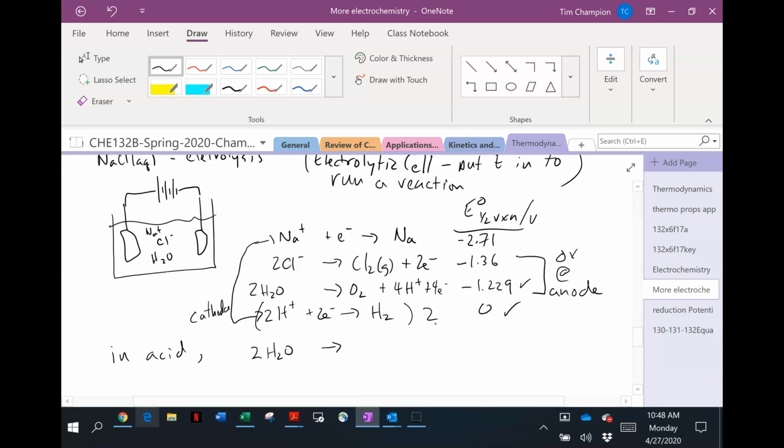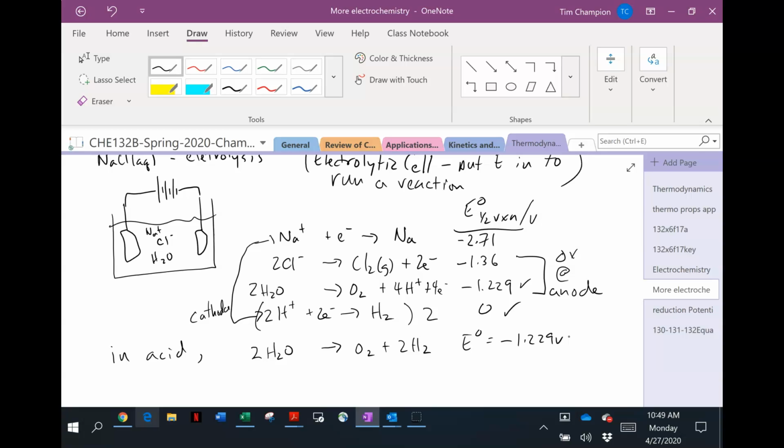So 2H2O goes to O2 plus 2H2, and our E naught for that is going to be negative 1.229 volts. So if you put electrical energy through a solution of salt water that's neutral or in the presence of acid, you're not going to form sodium. You're not going to form chlorine gas. You're going to make oxygen and hydrogen.